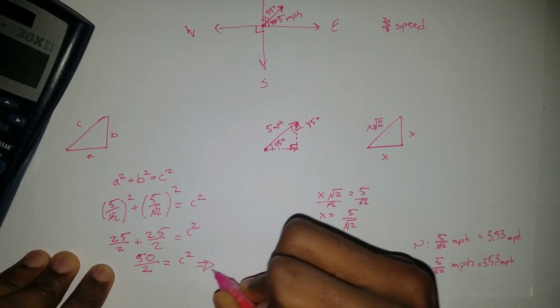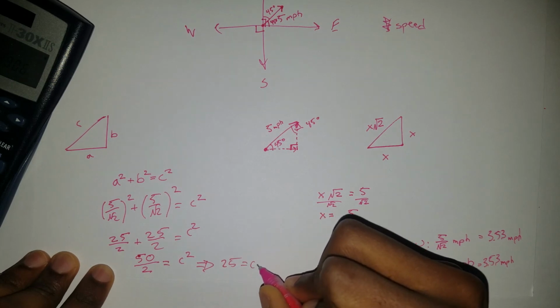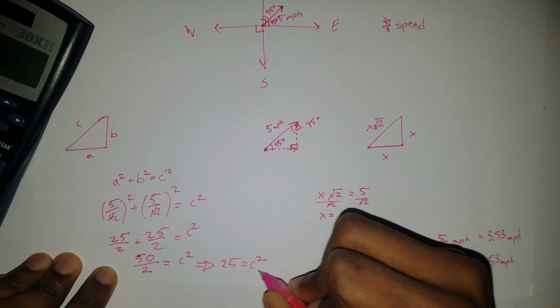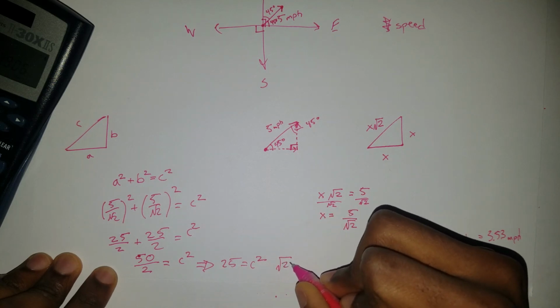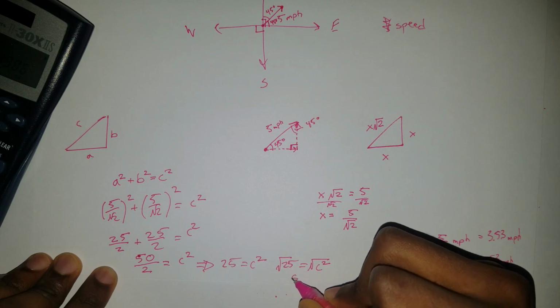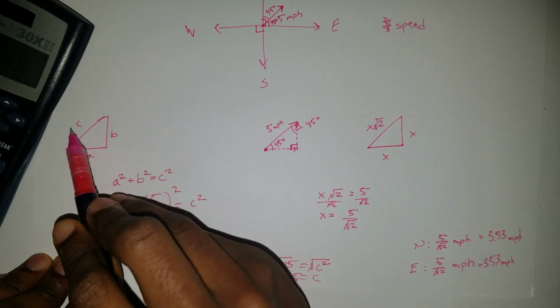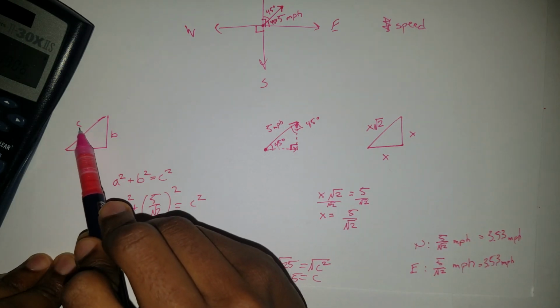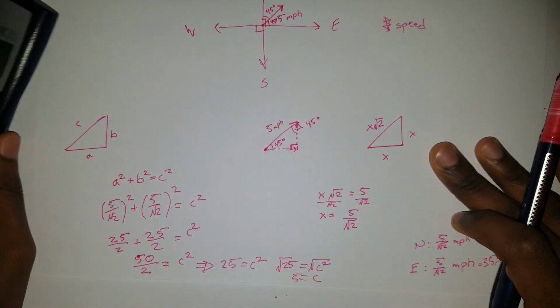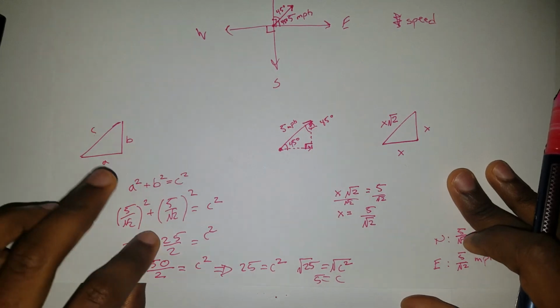That gives us 25 equals c squared. If we take the square root of both sides, that now gives us 5 equals c, which is what we would expect, given that the resultant velocity is 5 miles per hour.